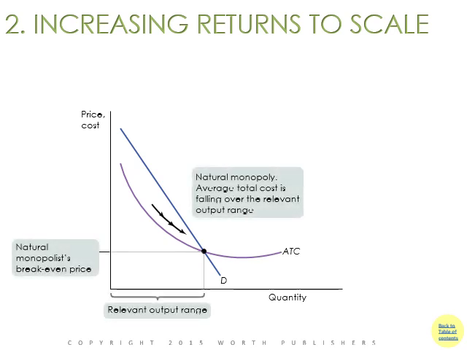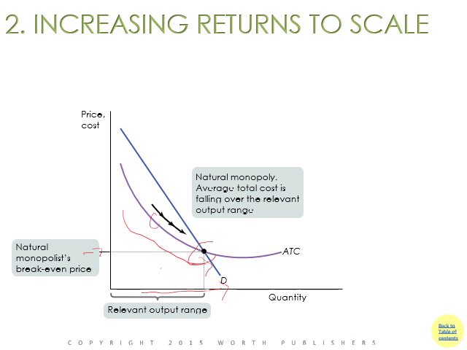And this shows it graphically. As this firm expands their output, guess what? Average total cost is decreasing. So if there's one firm in the industry, they're able to satisfy demand at a price that's much lower, at least in terms of break-even, than it would be if there were more than one firm in the industry.